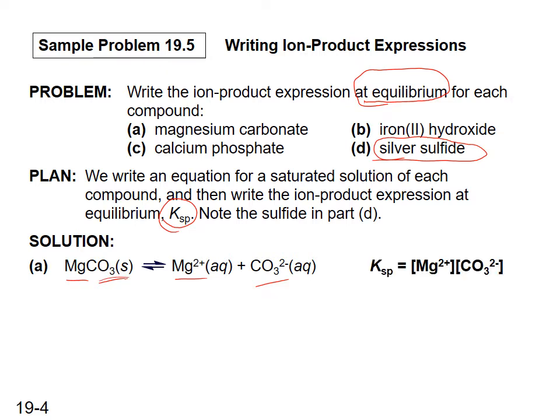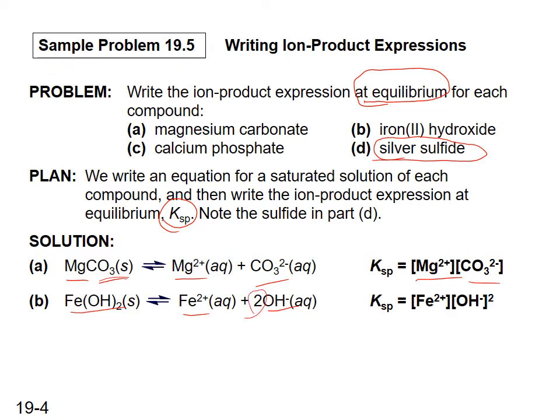And so in this case it will be magnesium 2+ times carbonate 2-. Okay, next one, iron hydroxide. Here is iron hydroxide. It ionizes into iron 2+ and hydroxide minus, and you need 2 of them. So the Ksp will be iron 2+ times hydroxide squared. Remember you have 2 here.